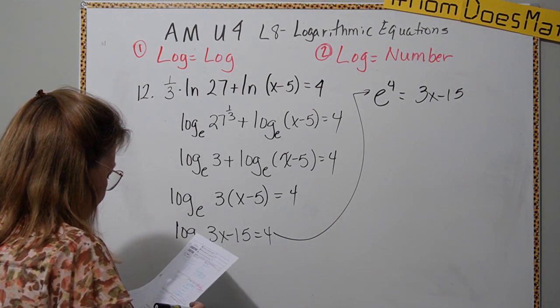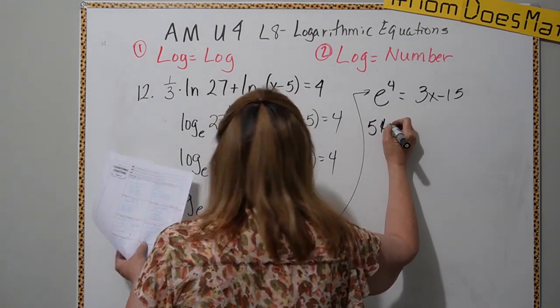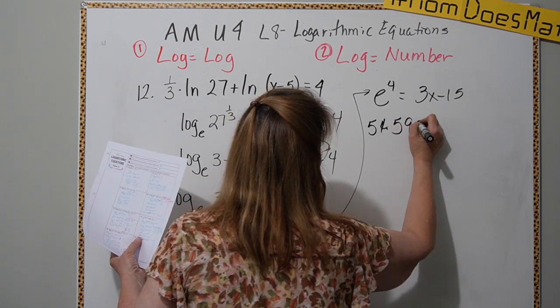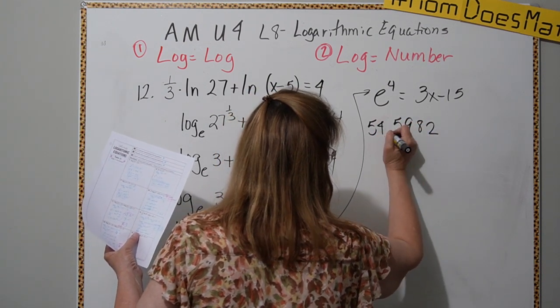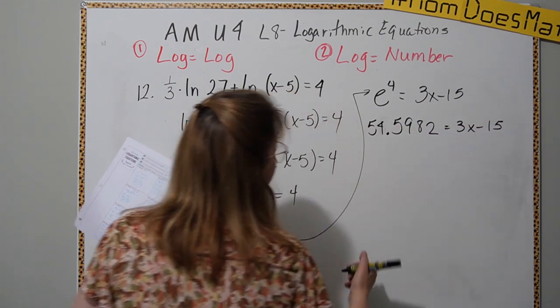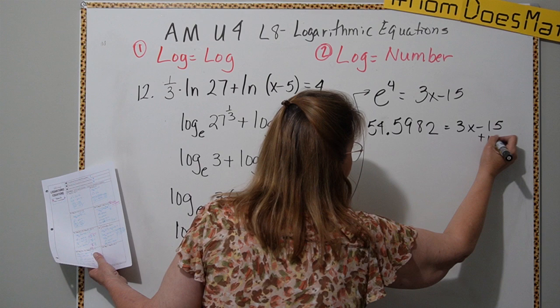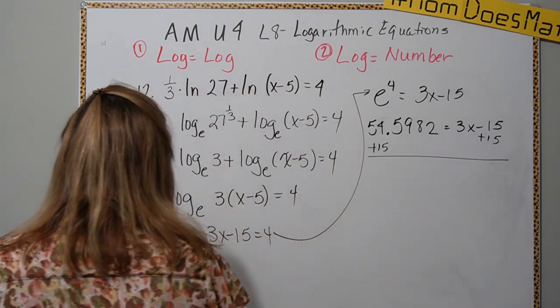All right, e to the 4th power is 54.5982 equals 3x minus 15. Now when you add 15 to each side, what's that going to give you?